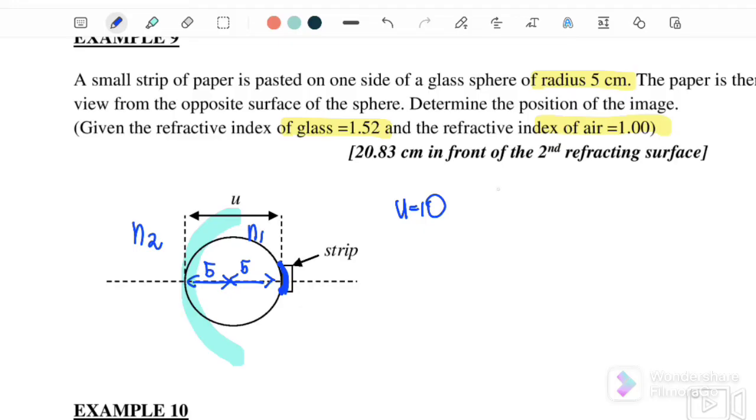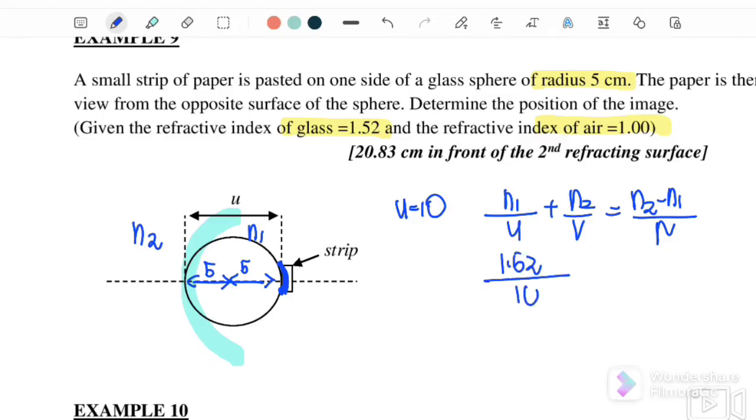Now the equation: N1 over U plus N2 over V equals N2 minus N1 over R, where N1 is on our right hand side, which is the glass, so it's 1.52, U is 10 cm, plus air 1.0 over V, which we don't know, equals 1.0 minus 1.52 over the radius, 5 cm.